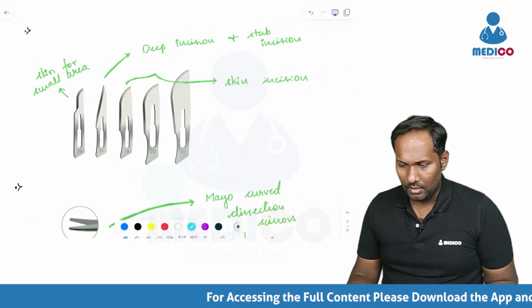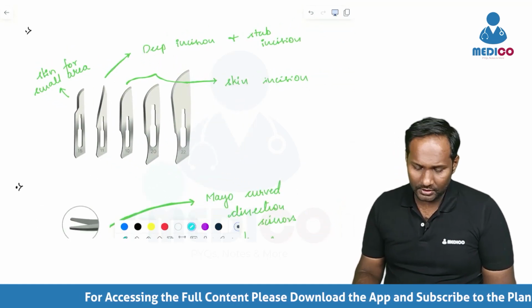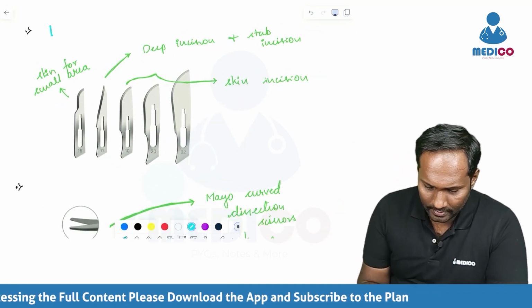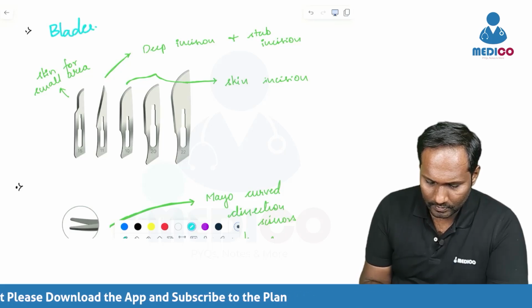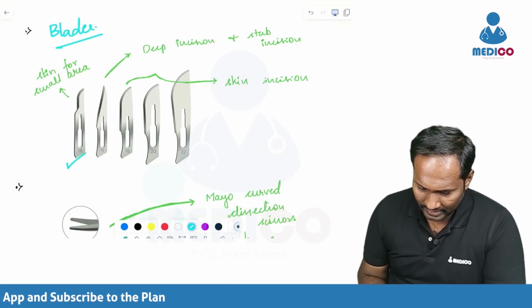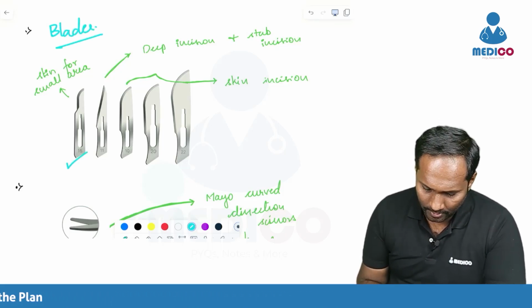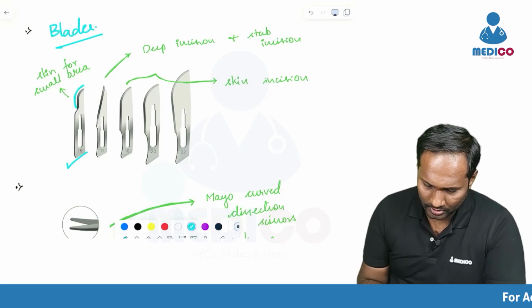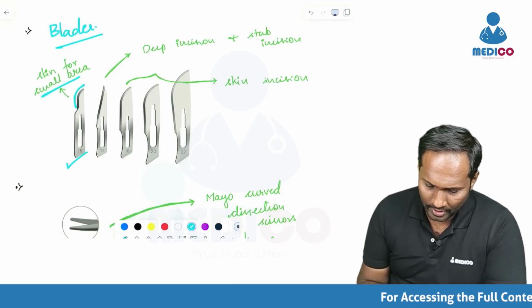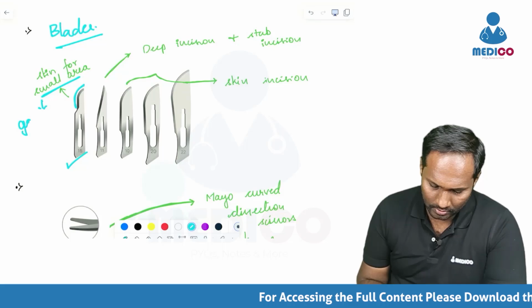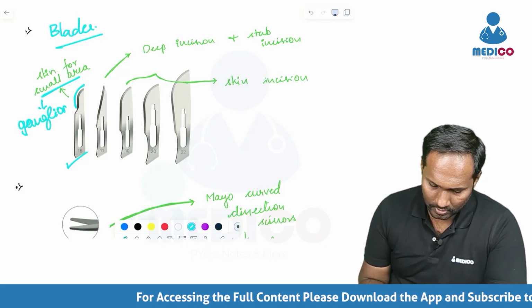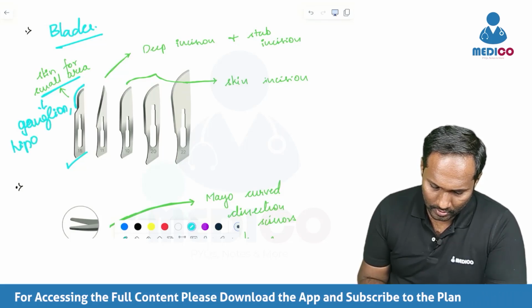All right. Now coming to important instruments. First is the blades. The size 15 blade you see is only this much. This is for small areas, for example ganglion, lipoma.